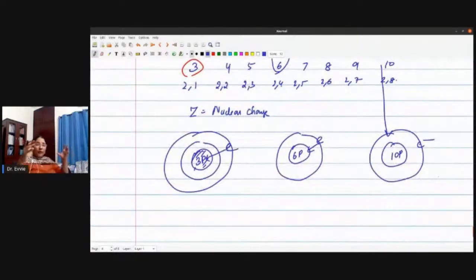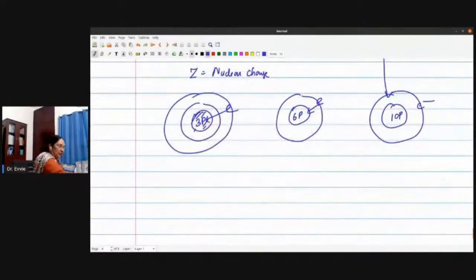Now, what is this effective nuclear charge? You would have studied it in 10th. As the atomic number increases along a period, more protons are pulling those electrons, so there is more attraction, and the size decreases. That's why it's called effective nuclear charge. This is the explanation.